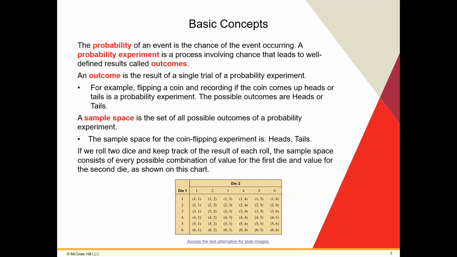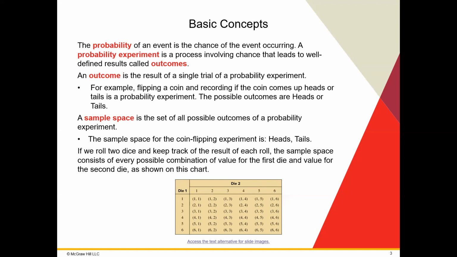An example of an experiment in probability would be flipping a coin, drawing a card from an urn or a box or a container, or randomly selecting an element from a container consisting of many elements.